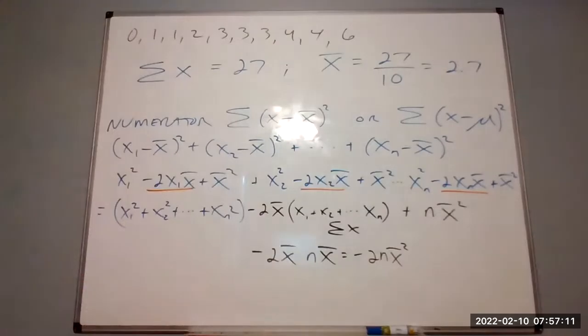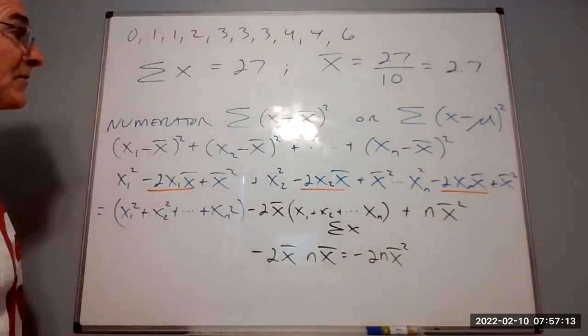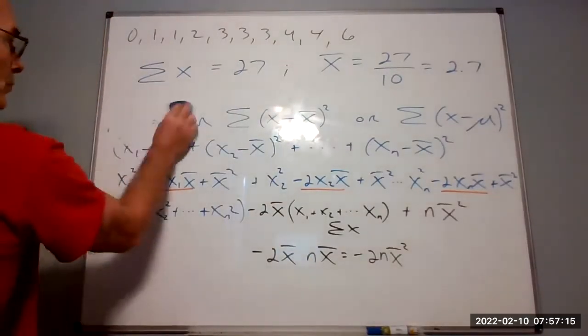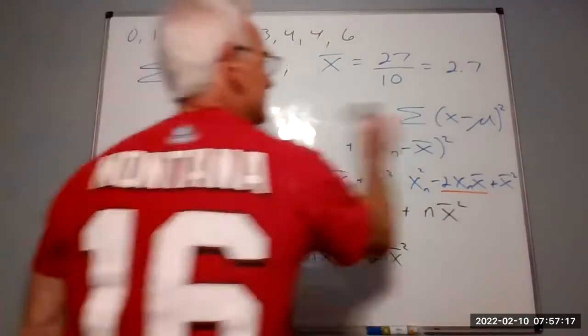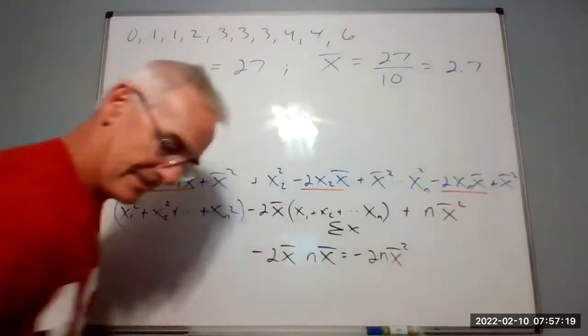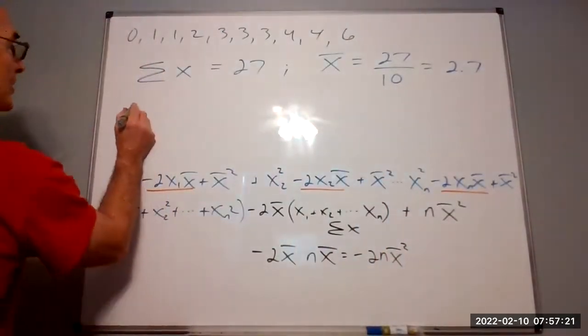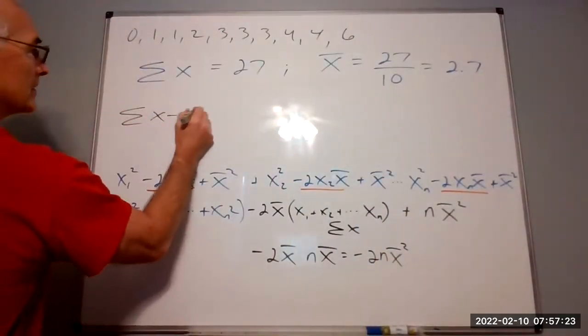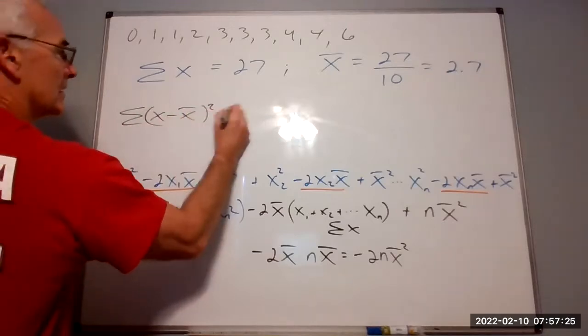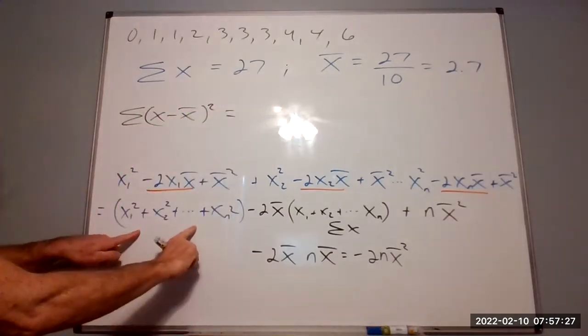In the end, and this is the result I need everyone to see, I'll write it right here. When I do this part here, that's the sum of the squared scores.